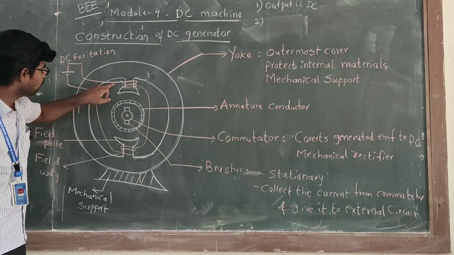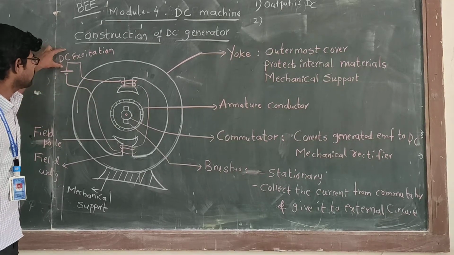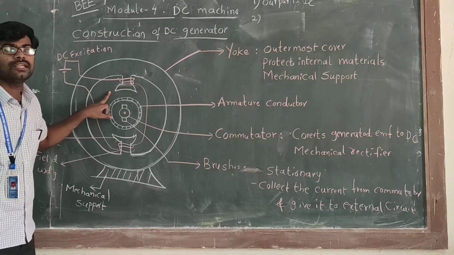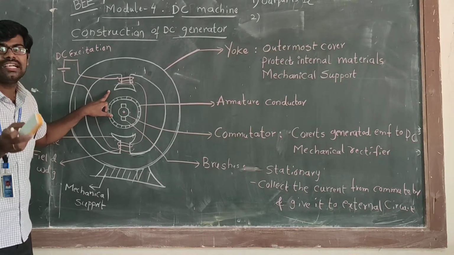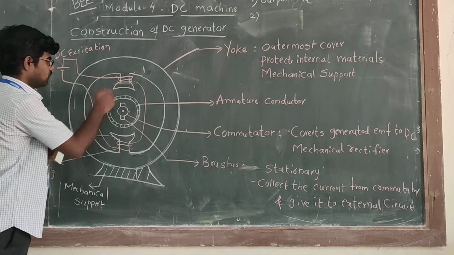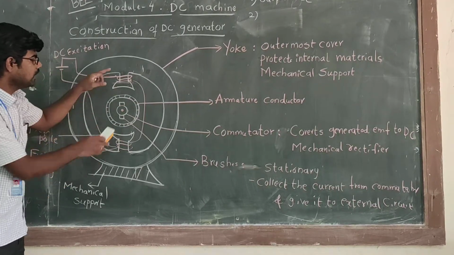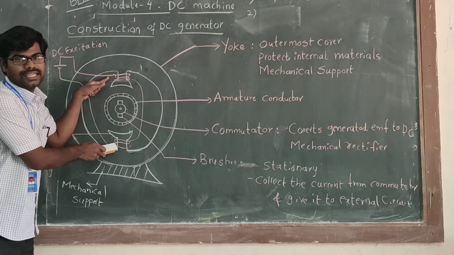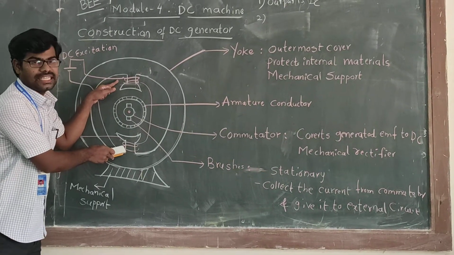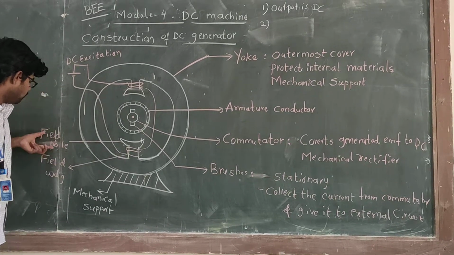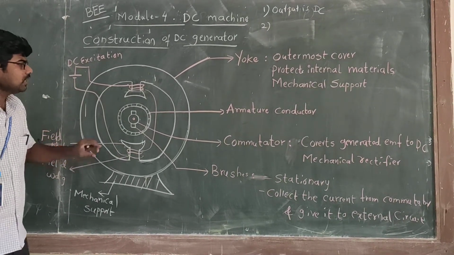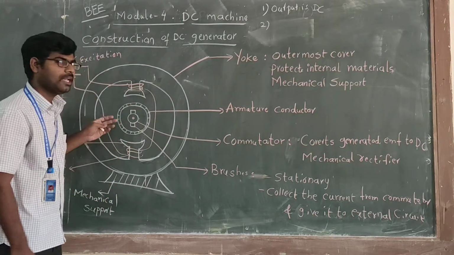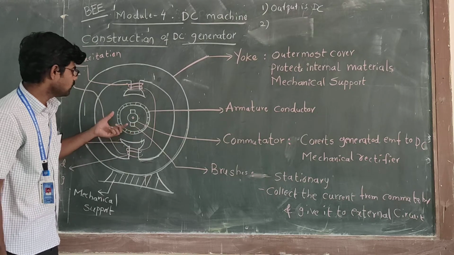On the poles we have the field windings, connected to the DC excitation.